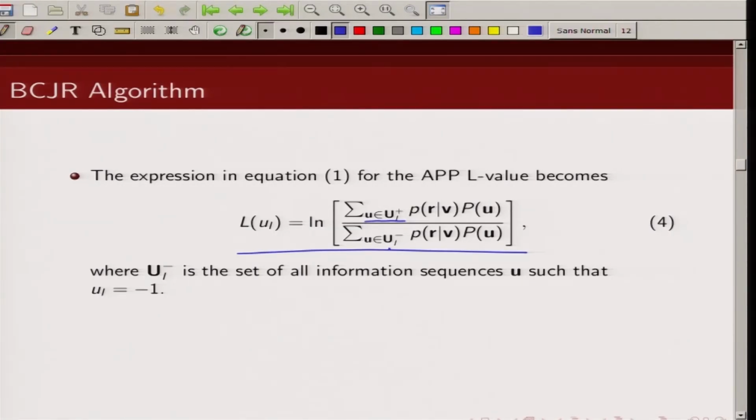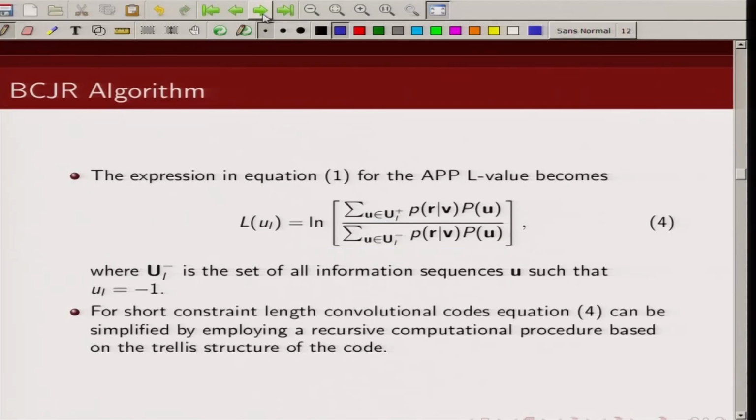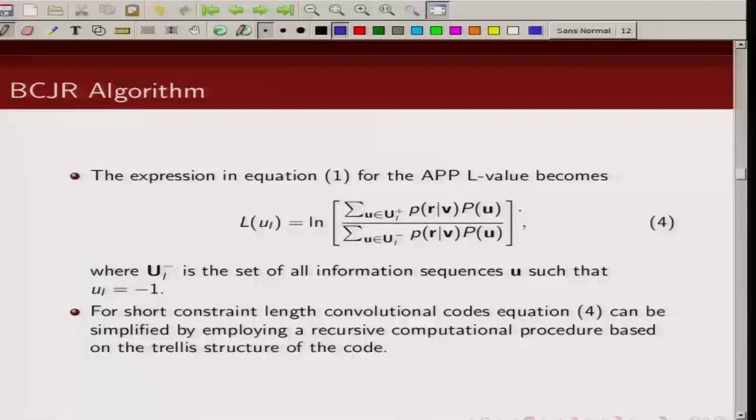We will illustrate this with the help of an example, and then things will be a little clearer. Note that if you have very large sequences, this is a sum over all input sequences where U_l is plus 1, and this is a sum over all input sequences where U_l is minus 1. If your information sequence is large, this is a sum over a very large number of possibilities, so this is quite complex. Can we use the structure of the convolutional code to simplify this expression? The answer is yes.